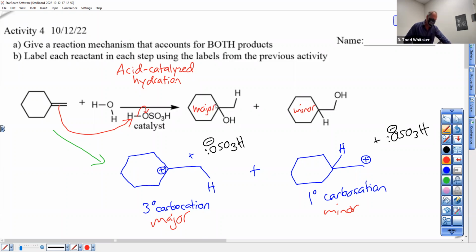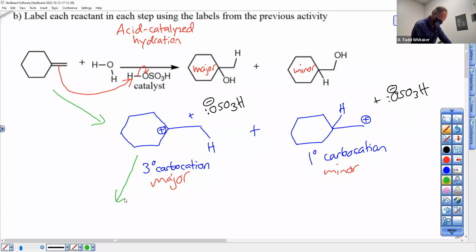How do you think the O gets on there? Where does it come from? It does not come from any kind of sulfate, people. HOH, you mean? Nothing's happening to the OH. We have to put it on. I have to make this molecule look like this one. I got to put the O on now.